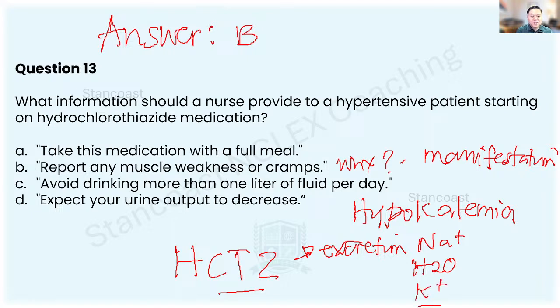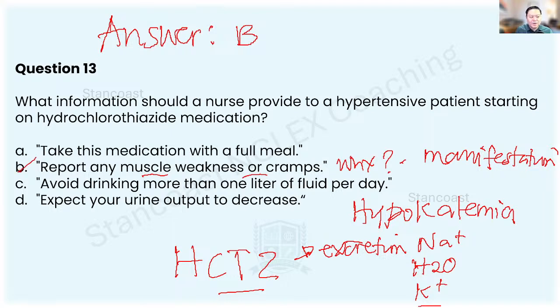So these are known to be excreted when the patient takes hydrochlorothiazide. They're going to have hyponatremia. There's also going to be excretion of water and excretion of potassium. And so weakness in the muscle and cramping are signs that there is hypokalemia, and they should call the doctor for these manifestations. All right, so this is our correct answer.